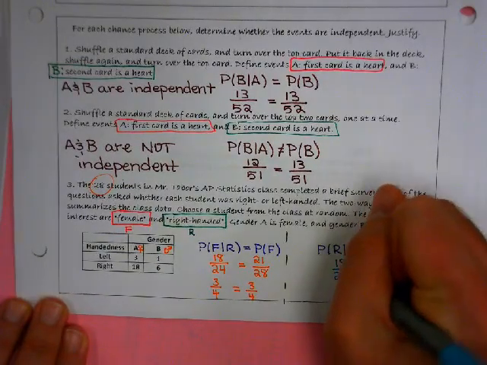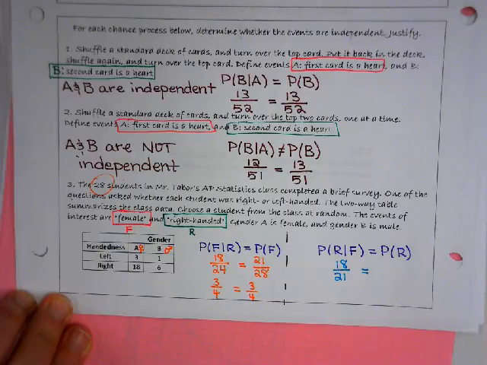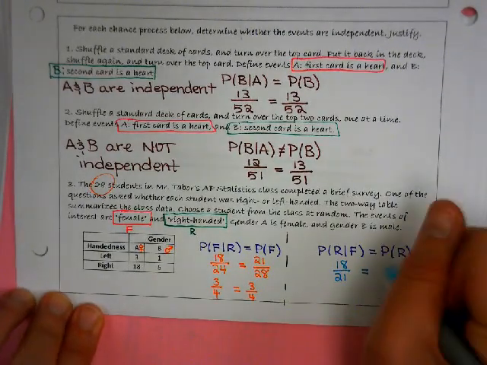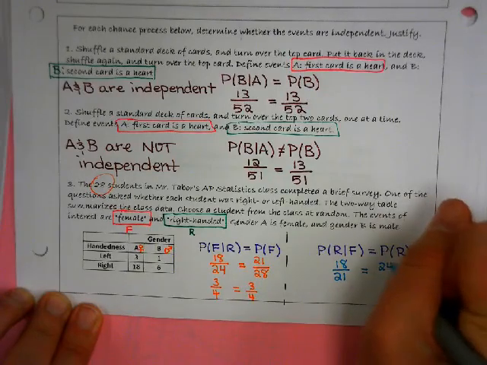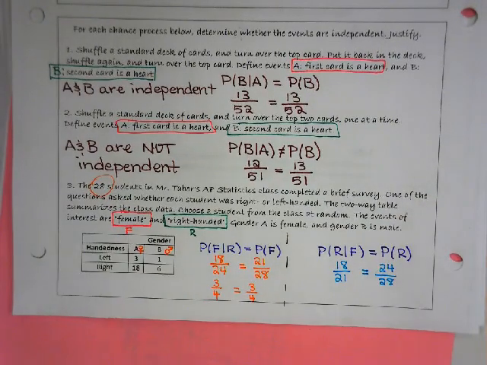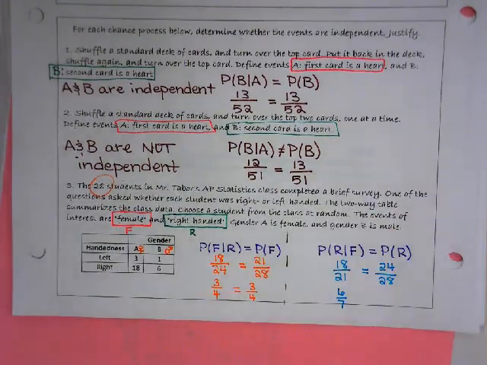And then the probability of right-handed, there's 24 right-handed students out of the 28 total students. 18 and 21 are both divisible by 3, so this simplifies to 6/7. And 24 and 28 are both divisible by 4, so that simplifies to 6/7 as well.